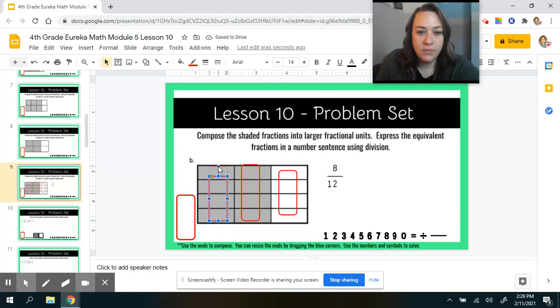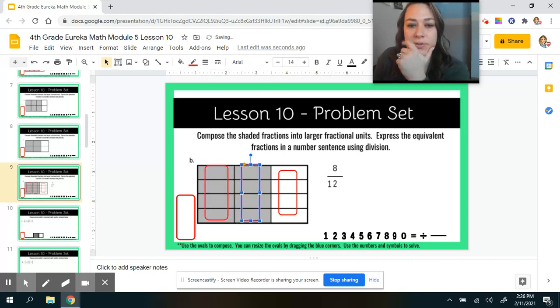And to figure out what we now have, I feel like I need to make these a little bit the size of our columns. But you can see we're going to have 1, 2, 3. How many of those are shaded? 2. So our new fraction is going to be 2/3.